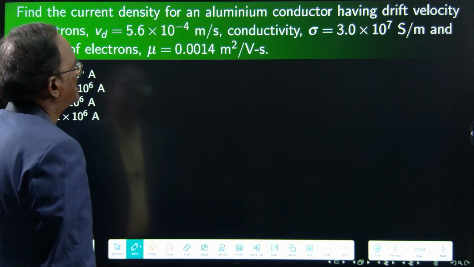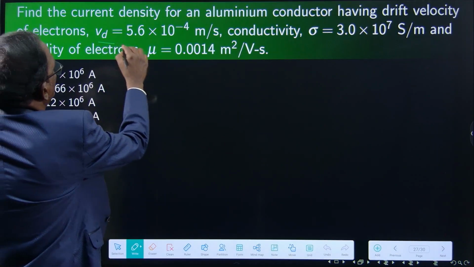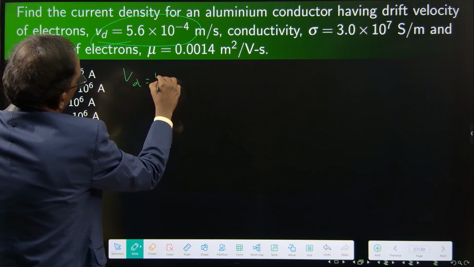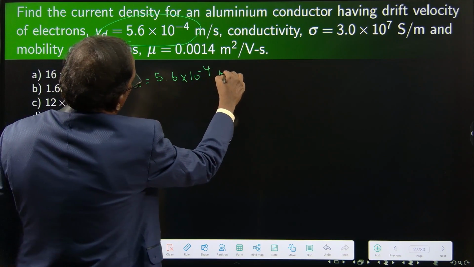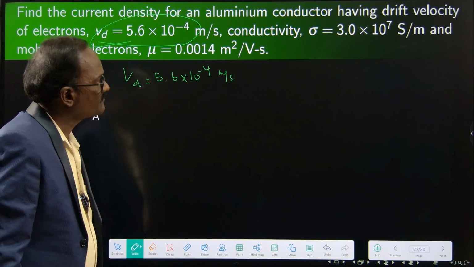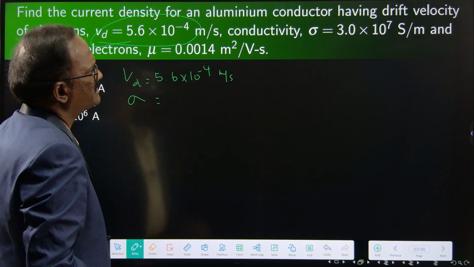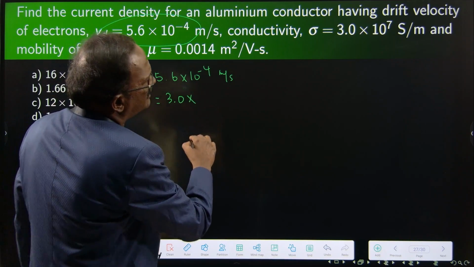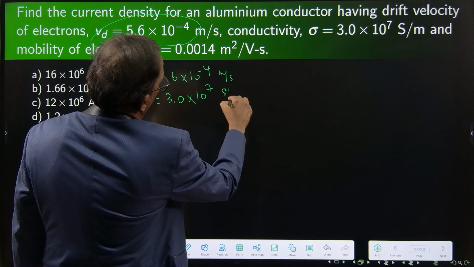Find the current density for an aluminum conductor having drift velocity of electrons Vd is 5.6 times 10 to the power of minus 4 meter per second. Conductivity sigma is 3.0 into 10 power 7 Siemens per meter.